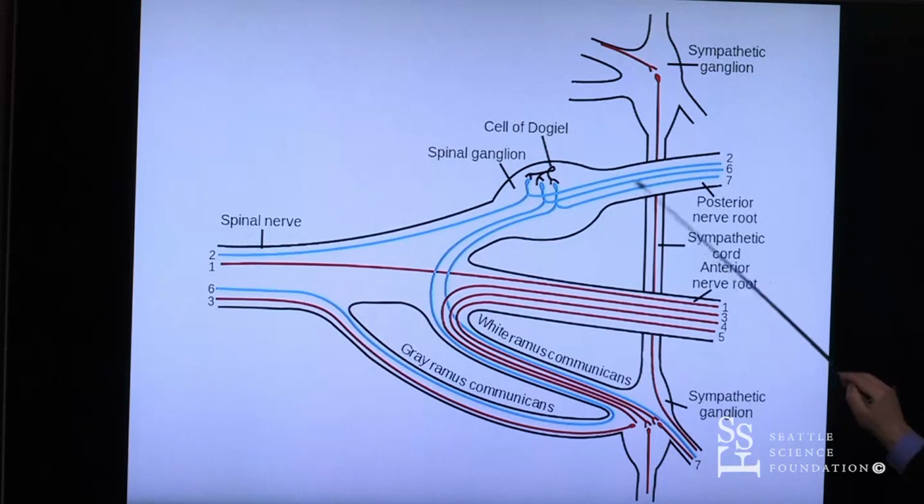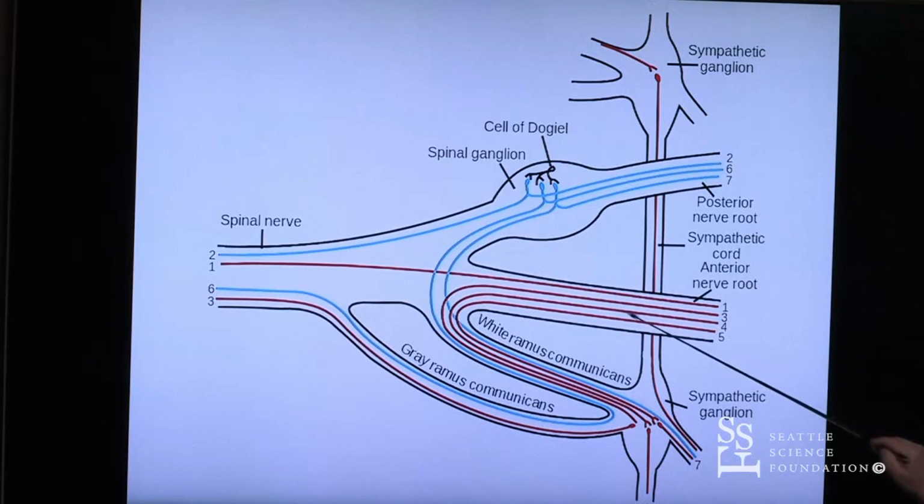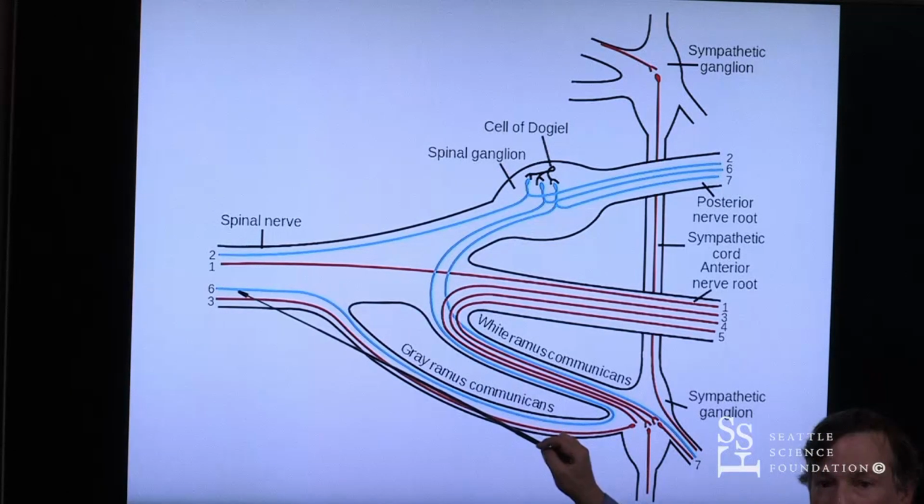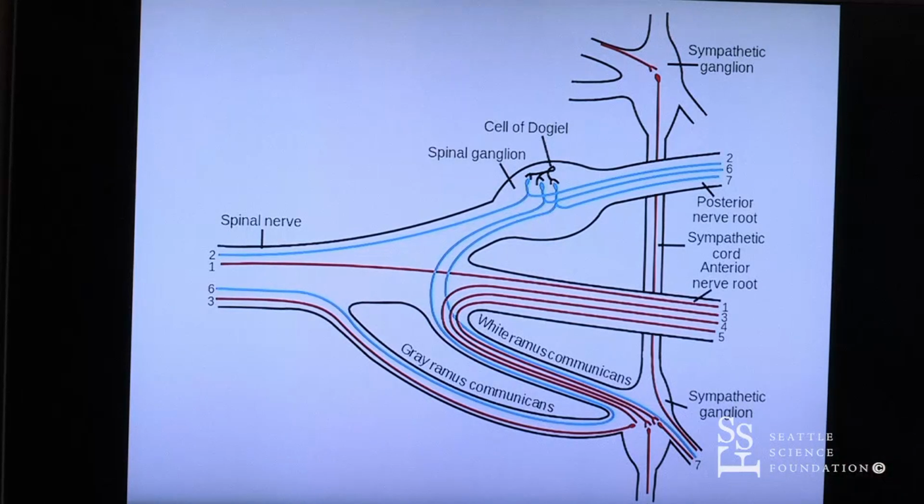So these are the posterior rootlets that have sensory information, ventral rootlets that have motor information, and then we connect the spinal nerve to the sympathetics via the white and gray ramus communicans, so that if we take motor fibers that are coming out of the cord that are autonomic or sympathetic, they enter into a white ramus and then go to the sympathetic ganglia, synapse, and then postganglionic fibers can then leave the sympathetic trunk and go to like the heart, the lungs, the intestines, or they can come back through a gray ramus and be distributed into that spinal nerve and take autonomic sympathetics out to the periphery.